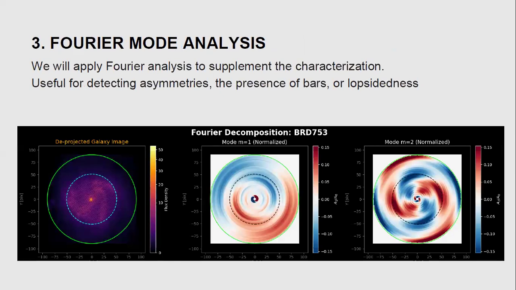Then Fourier mode. Last year in the galaxy evolution course, I tested the Fourier mode on simulation and on my observation data, applying some corrections, and we can conclude that it's really useful to detect bars, asymmetries, or lopsided galaxies. So when I create a sample, I can apply Fourier mode to distinguish whether the galaxy is affected by bars or any lopsided process.